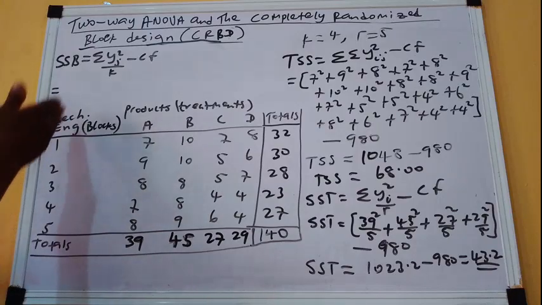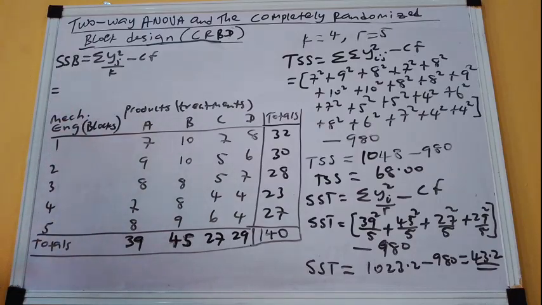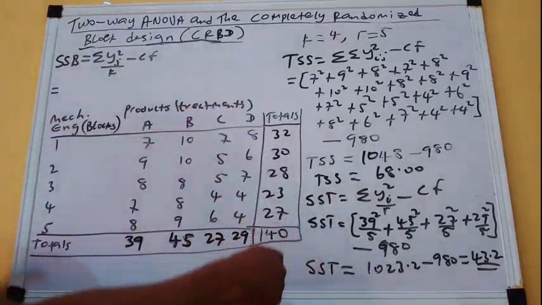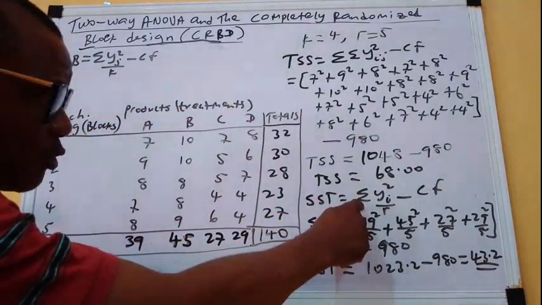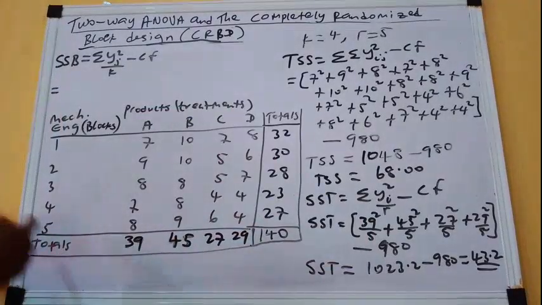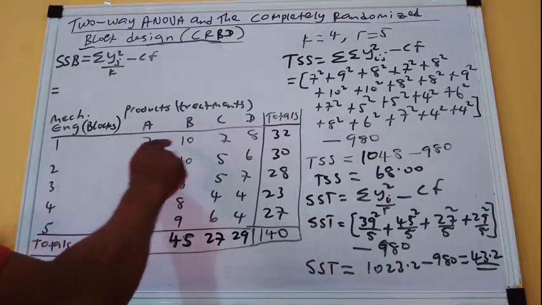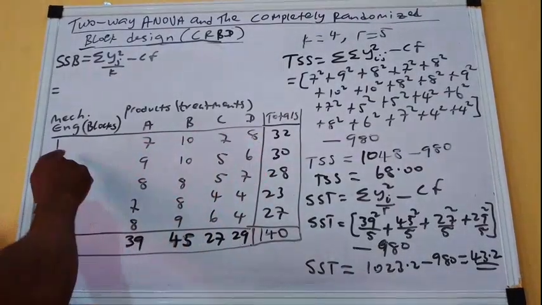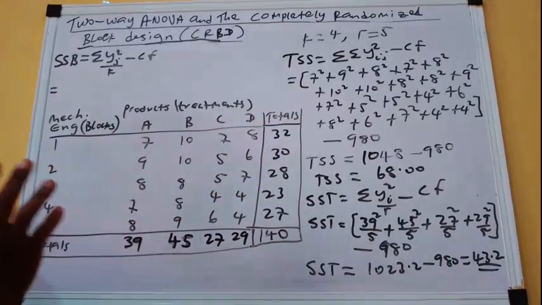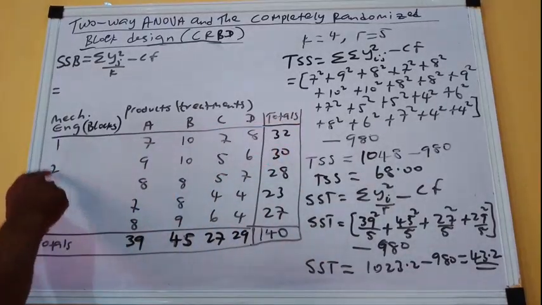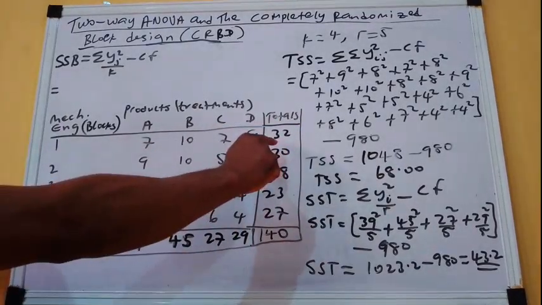Now, what are the blocks? The blocks are the judgments given by the mechanical engineers, and their totals are here. So when you talk about summation, we are talking about the totals, the same way we talk about the total for the treatment. And now you can see that each block has 4 entries. Each block contains all the treatments. Block 1 has the 4 treatments.